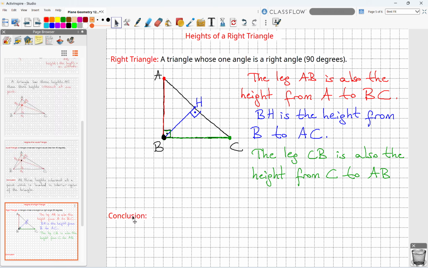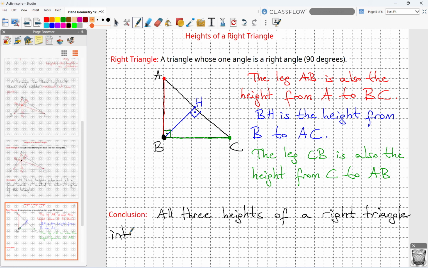So that's the conclusion. For a right triangle, all three heights of a right triangle intersect at the point which is the vertex of the 90-degree angle.